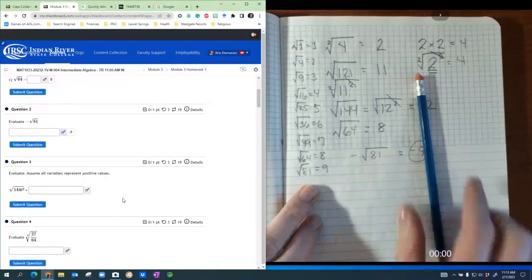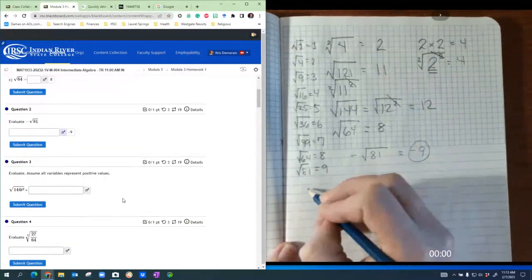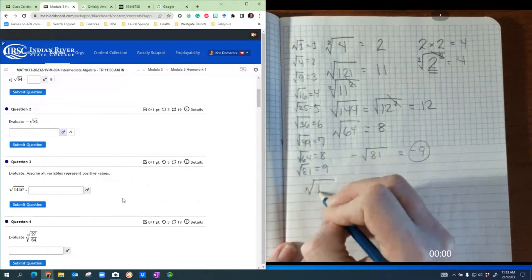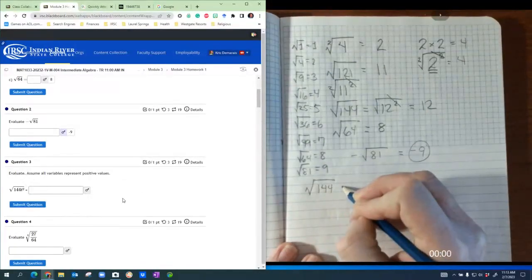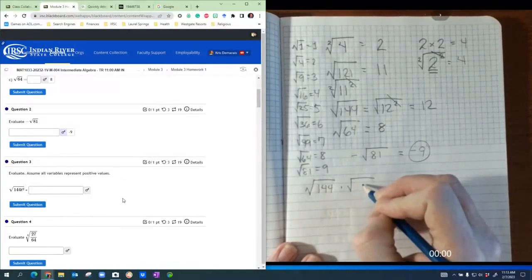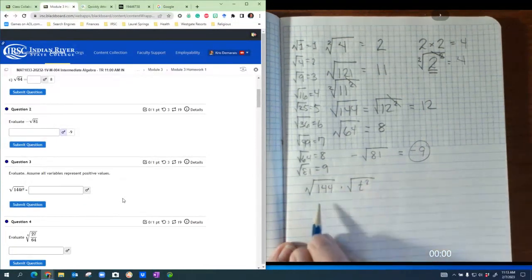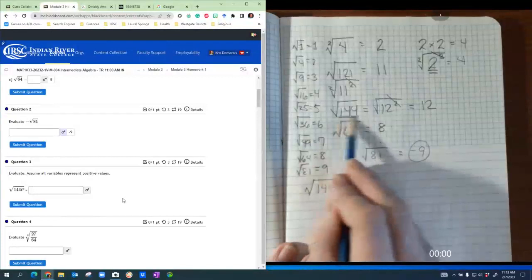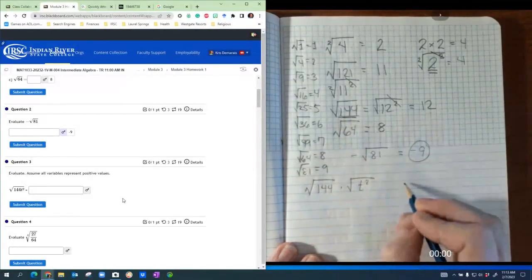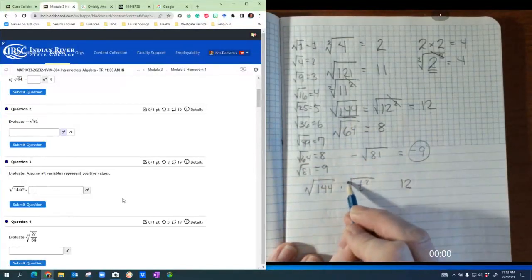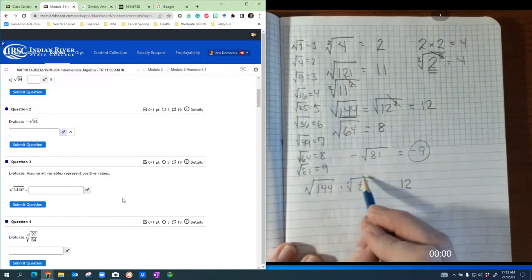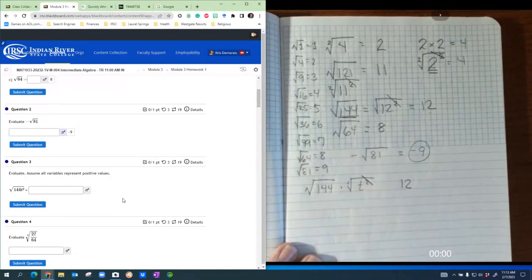Now, there are times when you have variables involved. When you have variables involved, you can look at the variables as separate from numbers. So you can look at it this way: the square root of 144, well, we talked about that one already, is equal to 12. But then remember, this is an index of 2, which takes away anything that's even like that.